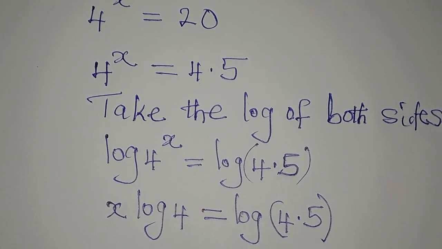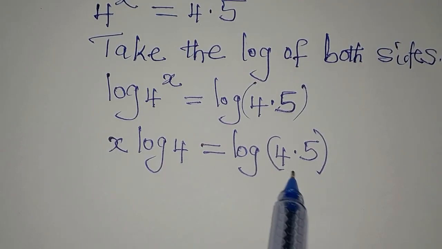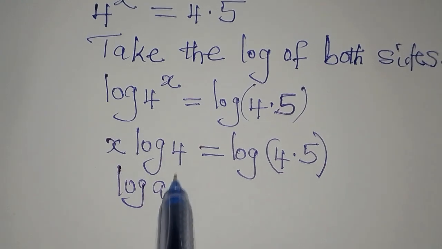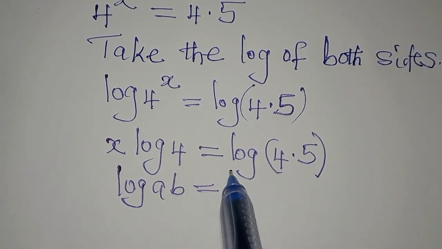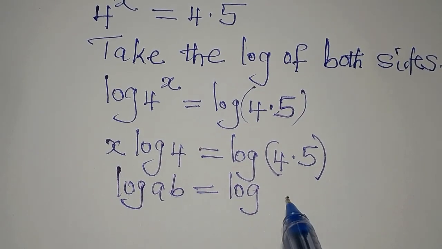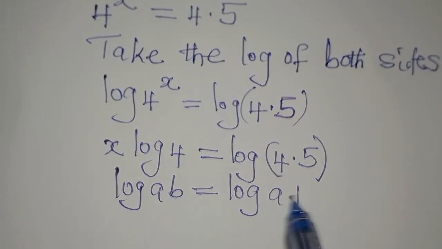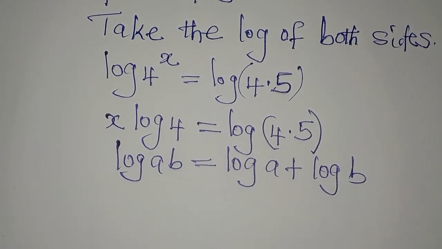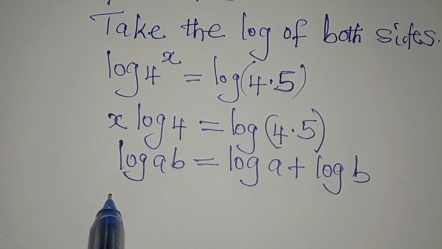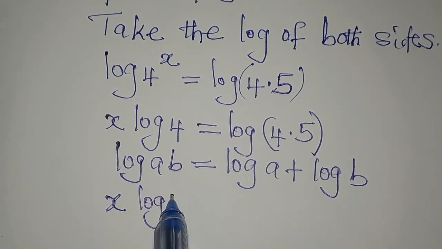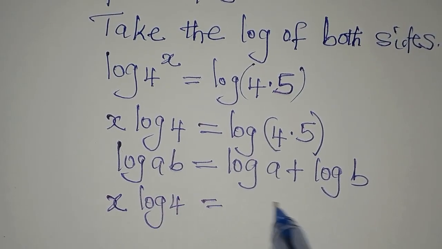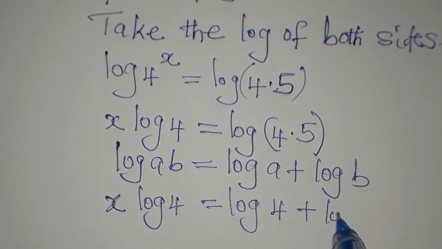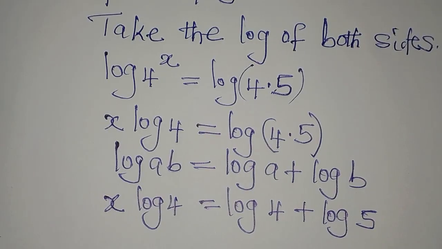Then what I want to do next is to apply a law here, and the law is that log of AB is equal to the log of A plus the log of B. So we have x log 4 equal to the log of 4 plus the log of 5.